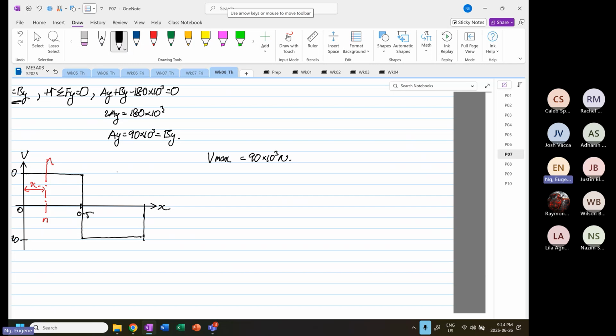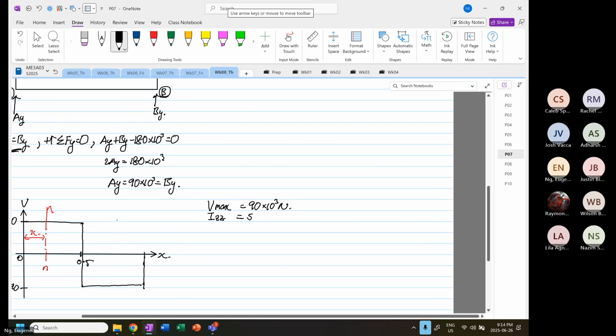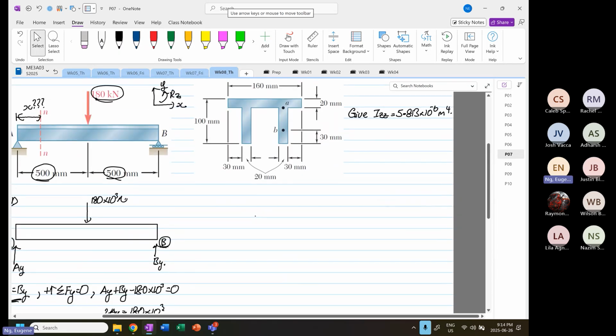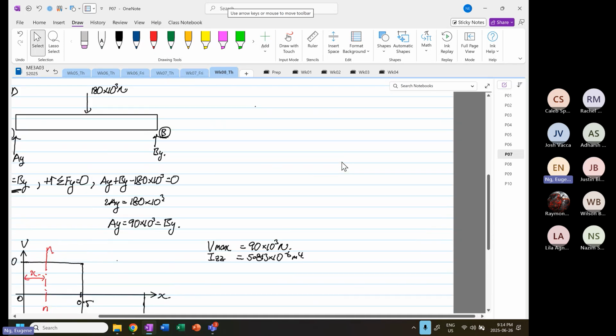Also given to us, IZZ is equal to 5.813 times 10 to the power minus 6 meter 4. So we have these two values.